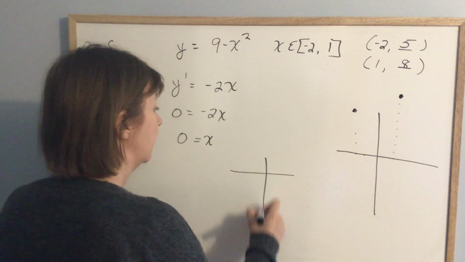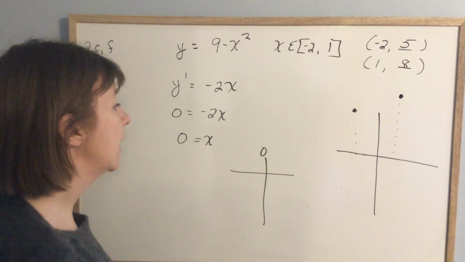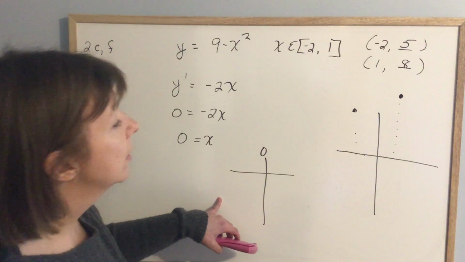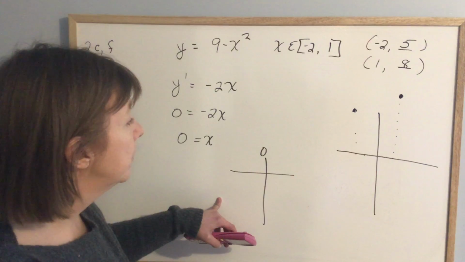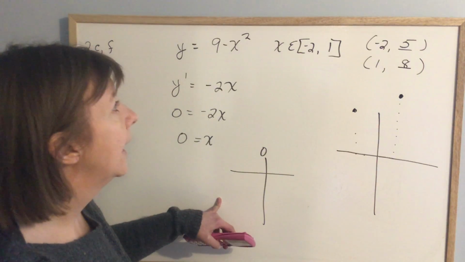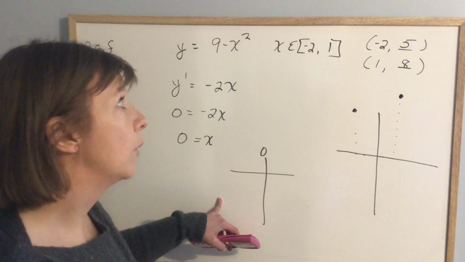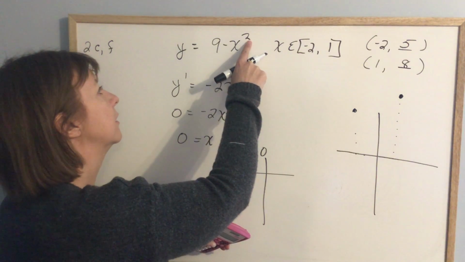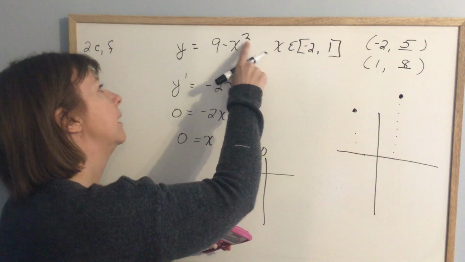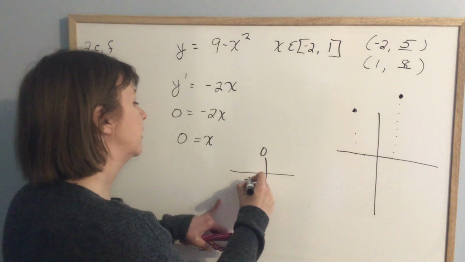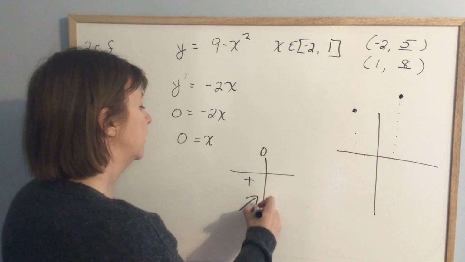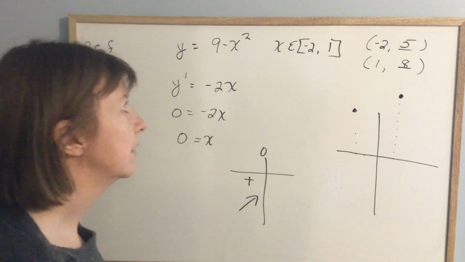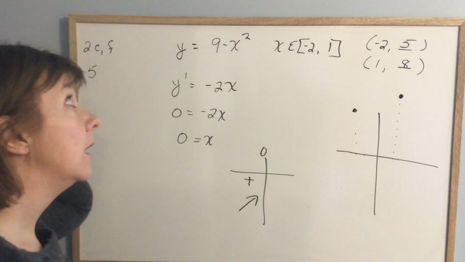Now I'm going to make myself a little table at 0, and pick a number before 0, like -1. If I put -1 in, -1 squared is 1, and 9 take away 1 is 8. So that means the graph is increasing.